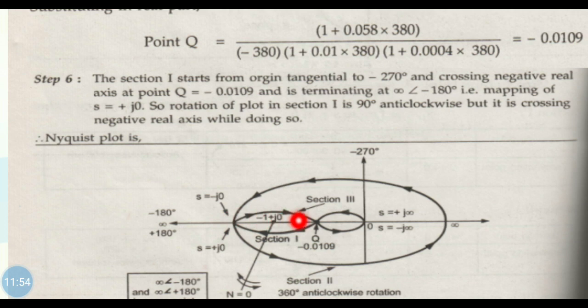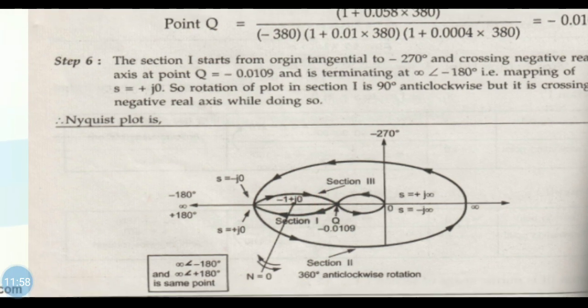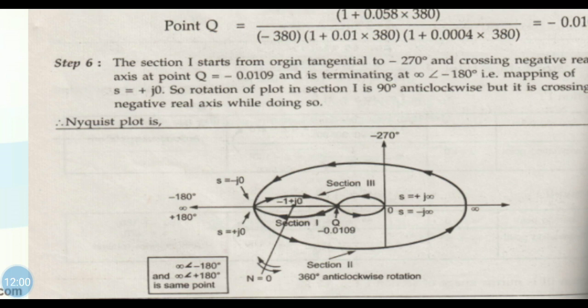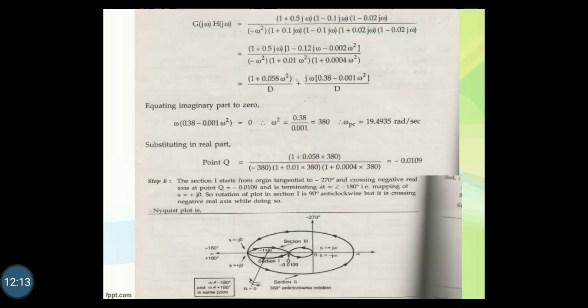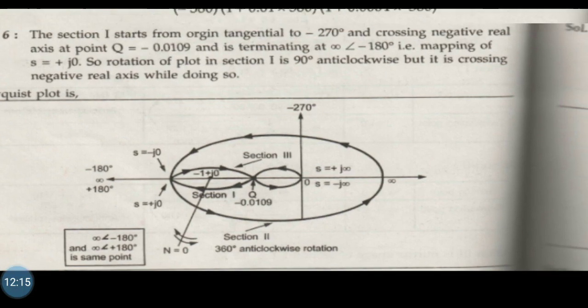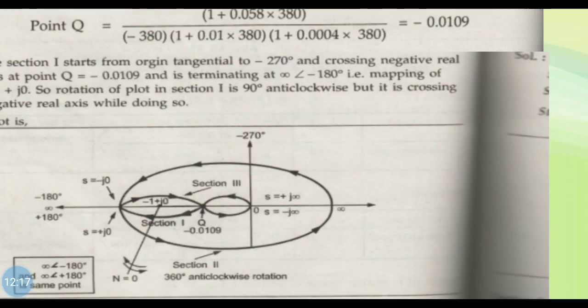This point represents the critical point, which is −1 + j0. So we can see section 2, which is a total of 360 degrees, the Nyquist path. Okay, is it clear?